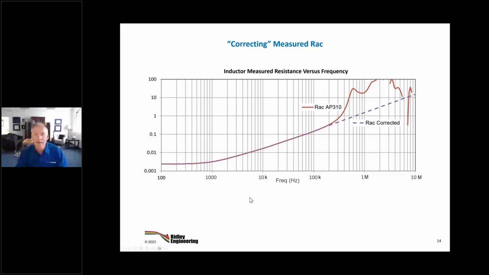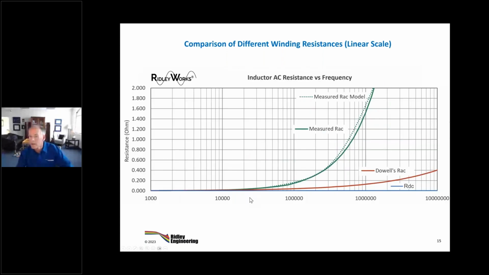So here's a comparison of the resistances that you get. This is just the 2.2 milliohms for this particular part. Here is the Dowell AC resistance, which we know when we threw it in the simulation didn't work. And then here is the measured AC resistance, which again we see coming in and climbing rapidly now at 100 kilohertz.